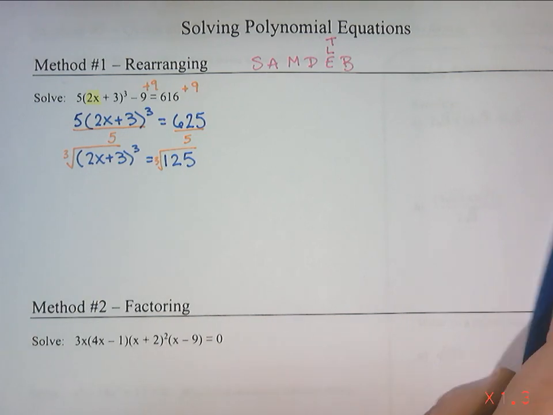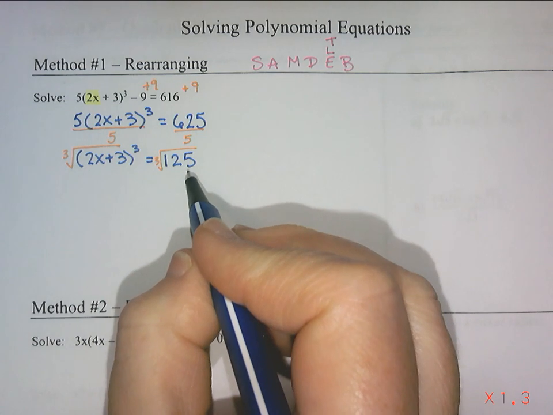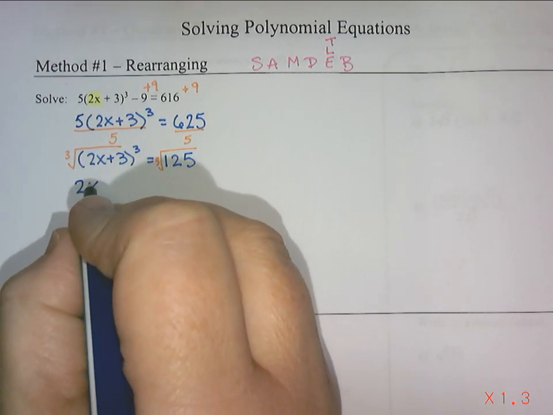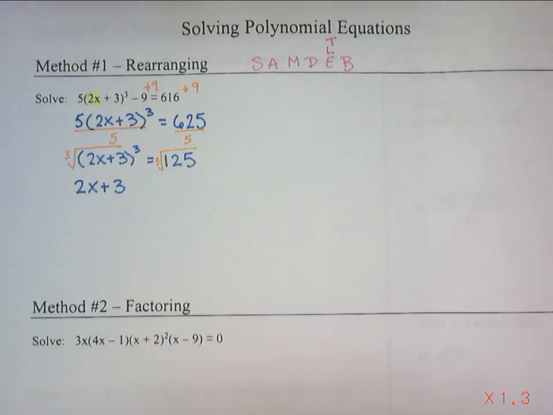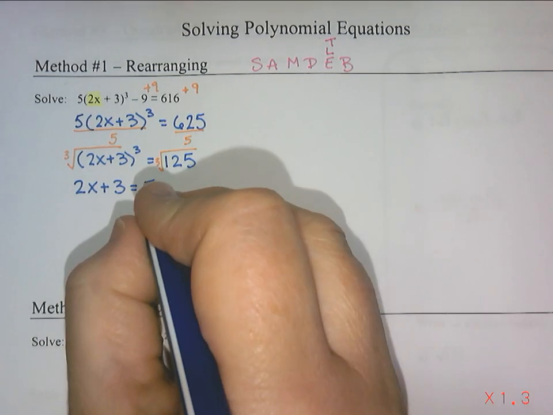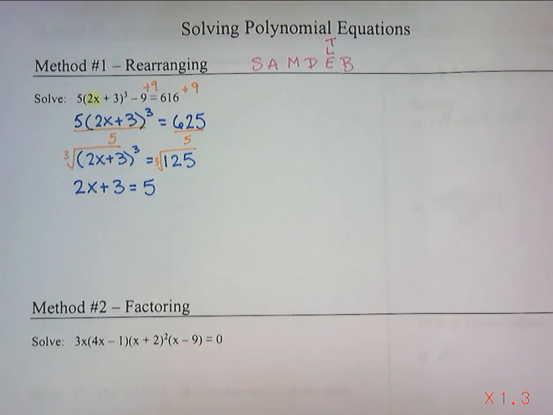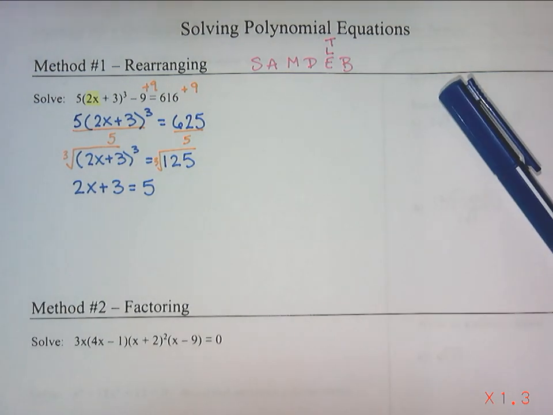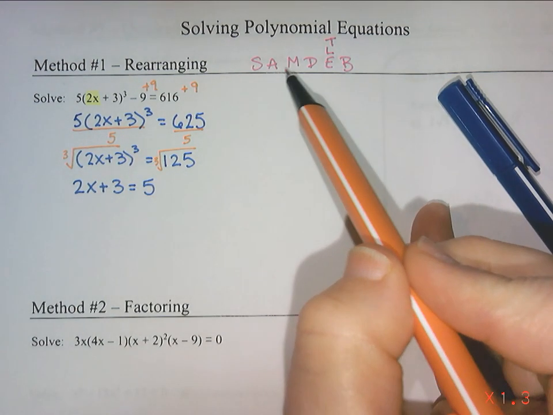The cube root of 125 is 5. So on this side, I will have 2x plus 3. I don't need the bracket anymore, it was only there to show the power. And then the cube root of 125 is 5. Now that the bracket is gone, we're making our way back towards the beginning of the list here.